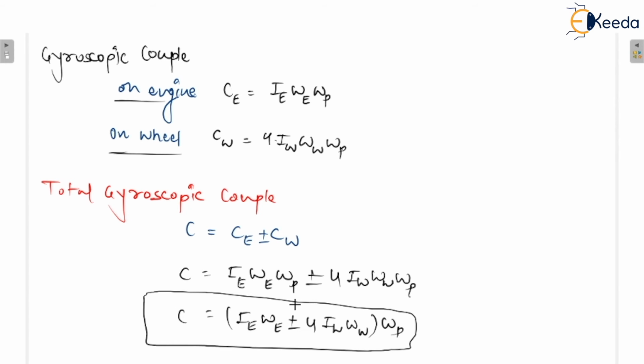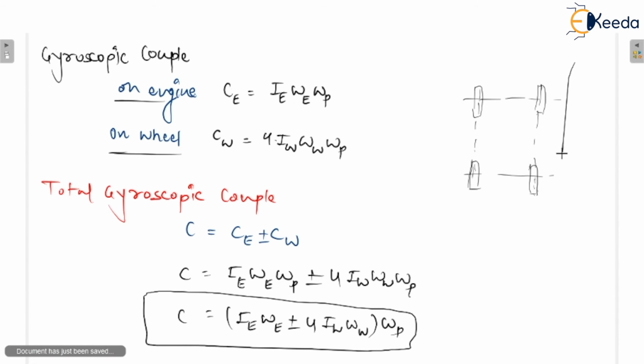Now what will be the effect? See, there are four wheels like that. Suppose you want to turn the vehicle in this direction.